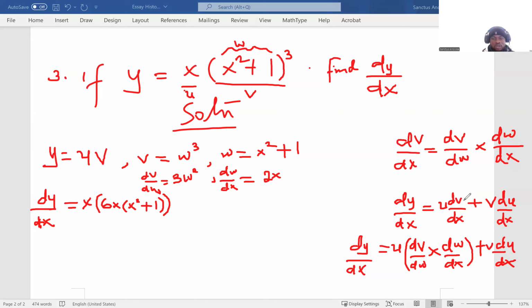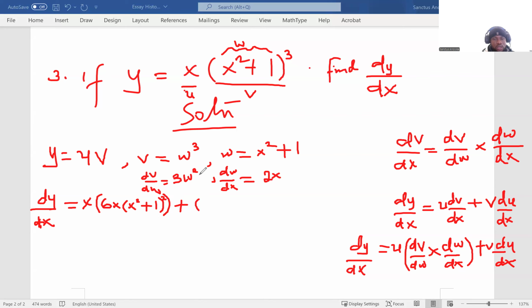So now we are done with this part. We put our addition sign, then our v. Look at what our v is. v is w cube. And what's your w? This. So we're going to plug it in directly. I missed putting a square here.